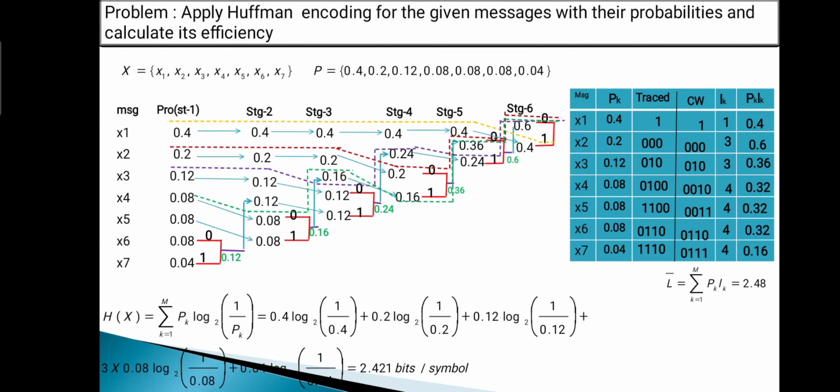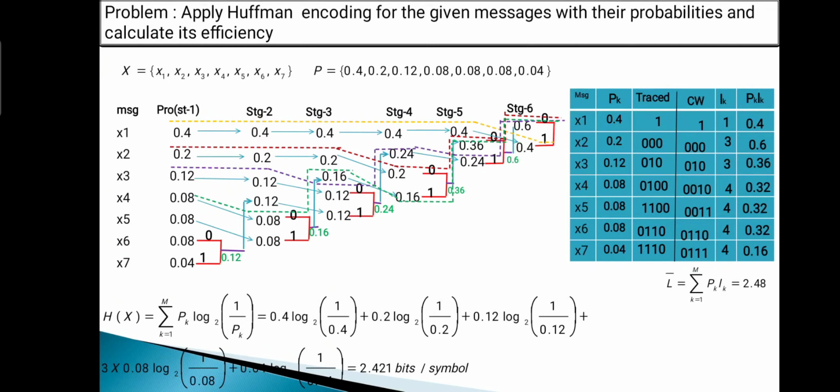So I've just substituted all the probabilities, that is 0.4 log of 1 by 0.4 to base 2 plus 0.2 log of 1 by 0.2 to base 2, 0.12 log of 1 by 0.12 to base 2 plus 3 times 0.08 because I have 0.08 3 times.